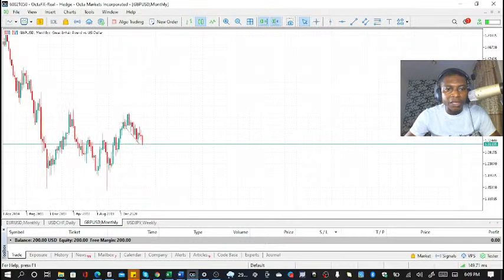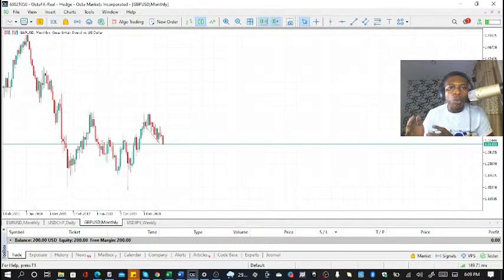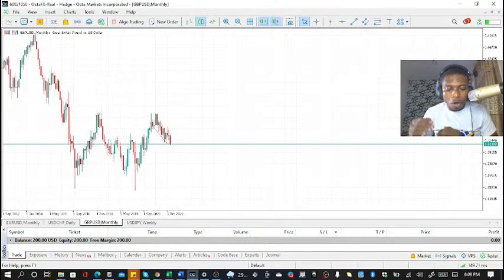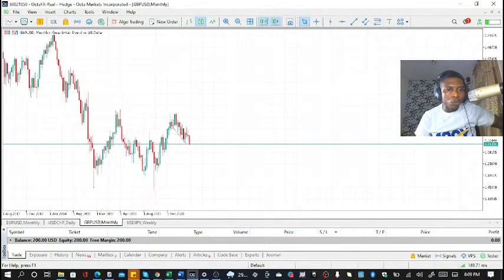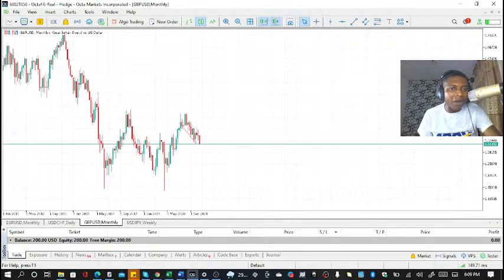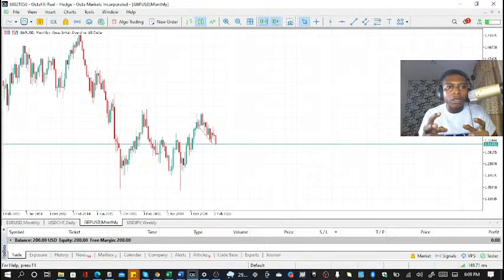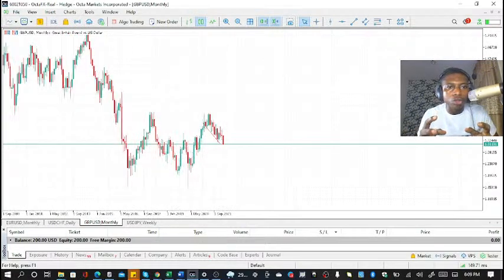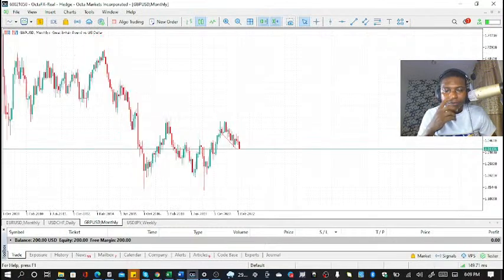Now we want to have an understanding of what the market is doing from a broader view to a clearer view. So here is our GBP USD monthly time frame.